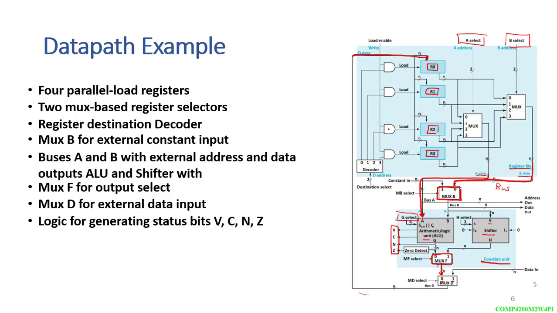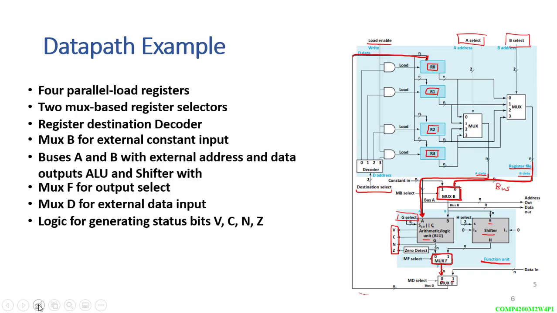The selection of these depends basically on the load enable over here, which is the decoder 0, 1, 2, and 3. The destination select is from the control unit.